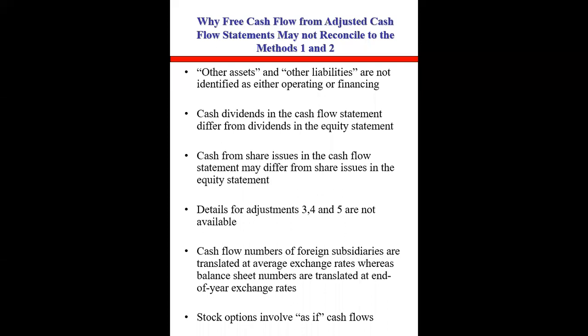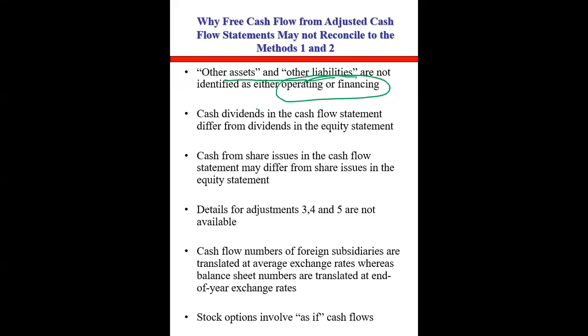So let's try to identify some reasons, very brief, because you can explore it, and this is kind of self-explanatory. You see, there are some other assets and other liabilities. We cannot distinguish whether they are operating and financing.